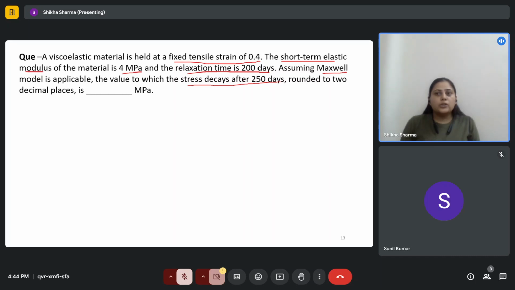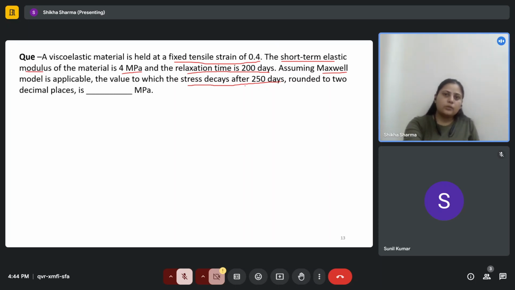The short-term elastic modulus value is given as 4 megapascal. The relaxation time, tau naught, is given as 200 days. We need to apply the Maxwell model, which was our first model, and then calculate the value of the stress decay after 250 days.